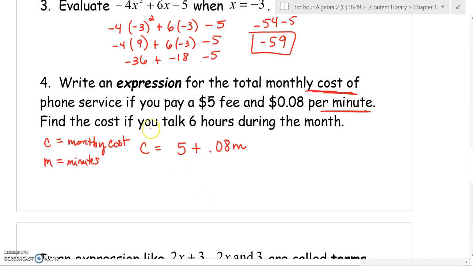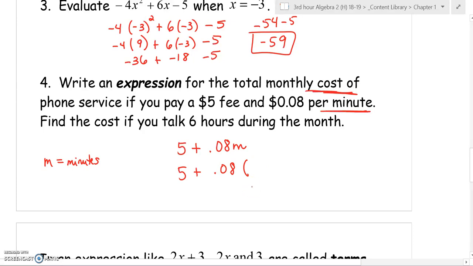Okay, so here's my expression, and it says to find an expression. So I really don't need the C equals, so I'm going to get rid of that. I just know that the only variable here is how many minutes I talk. So here's my expression, and now I can find the cost if I talk for 6 hours. Notice my variable is minutes, so I have to convert my 6 hours to minutes.